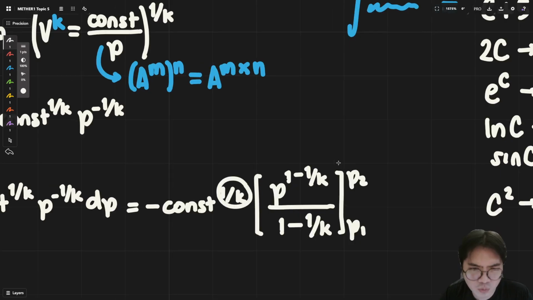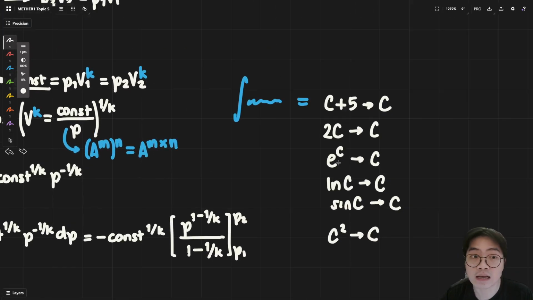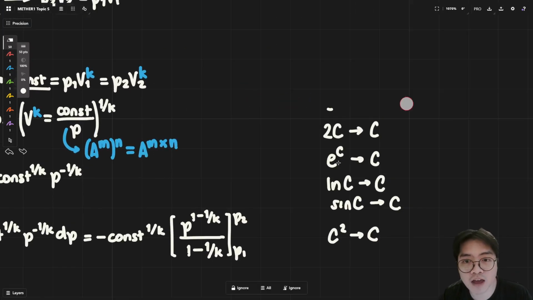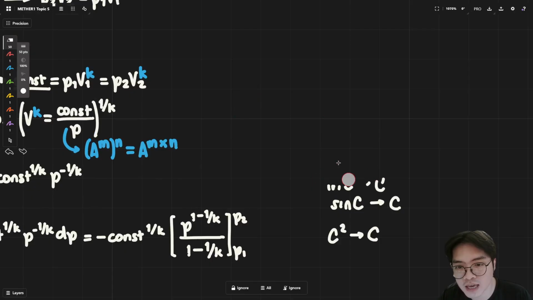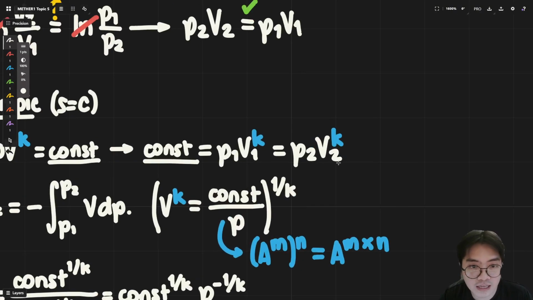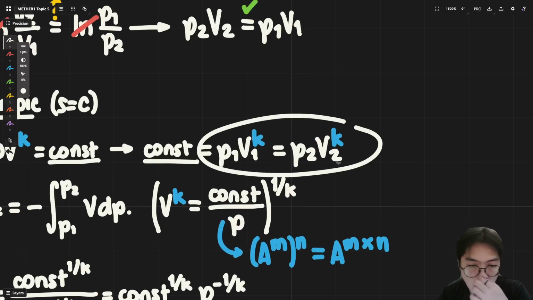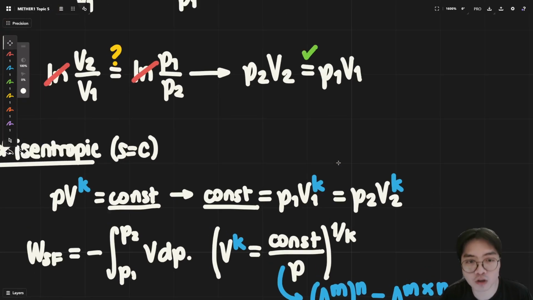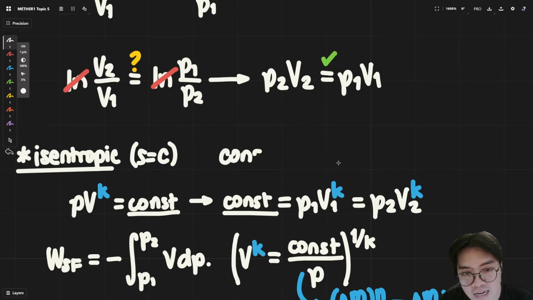So why am I keeping this 1 over k in here? Does that matter as an exponent? Yes, because we have very explicitly stated from the very beginning that your constant in here is equal to either P1 V1 raised to k or P2 V2 raised to k. Now we have to understand what that constant raised to 1 over k means.